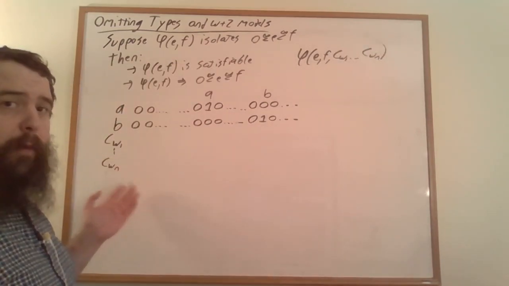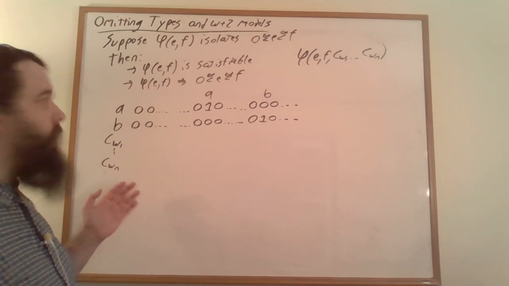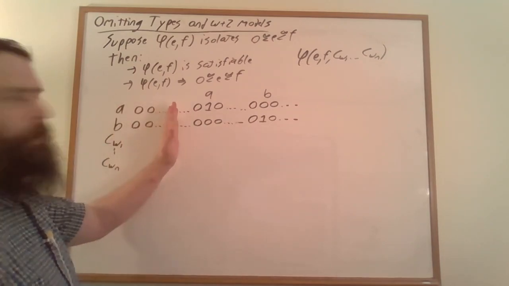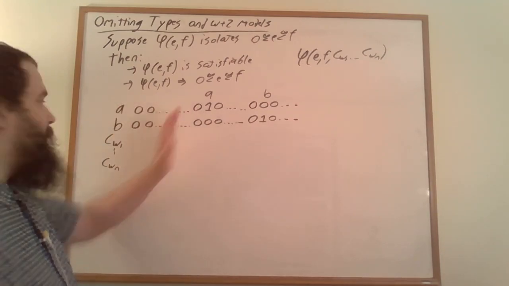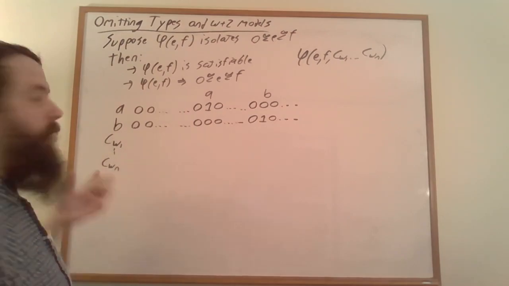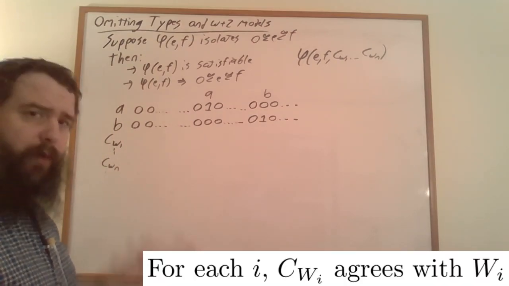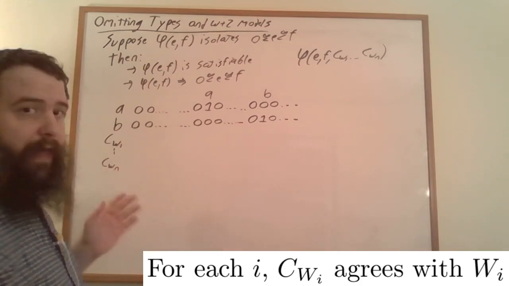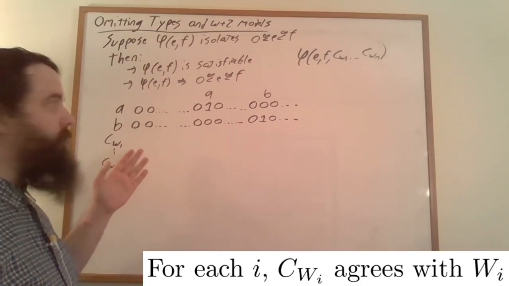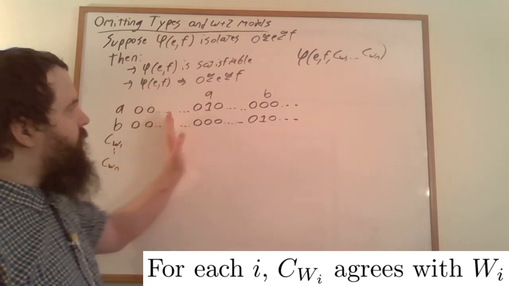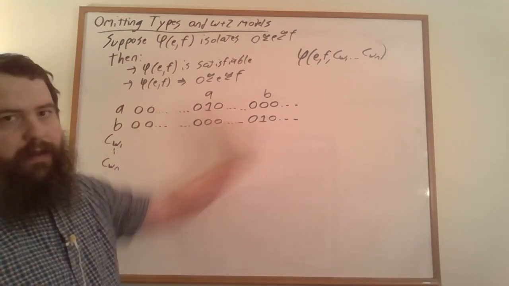And we don't know much about these CWs. We know what they start with in their omega parts, right? We've required that these sets here agree with W. W is some subset of the natural numbers, and we've required these sets here to agree with them on the natural numbers, but we have very little control over what's going on in the non-standard part.